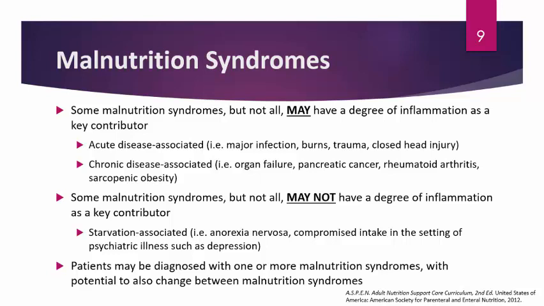Essentially, these patients don't have a chronic disease state that's necessarily driving the malnutrition itself. The patient is just not getting enough food volitionally. Now, yes, depression may have an influence over anorexia, and in that case, you could potentially argue it to be a chronic disease-associated malnutrition syndrome.